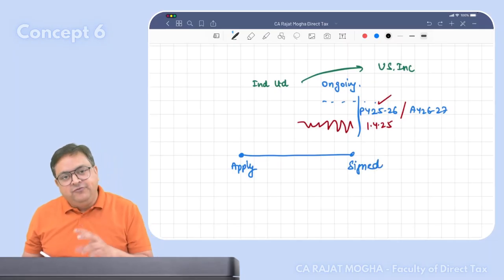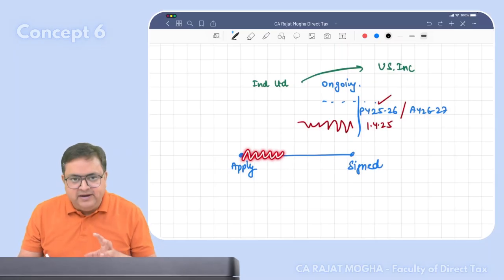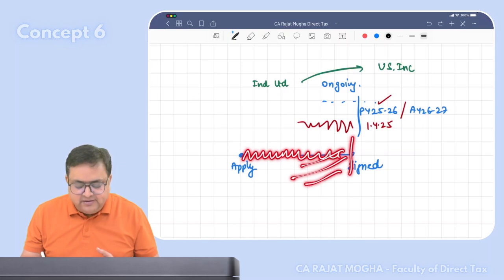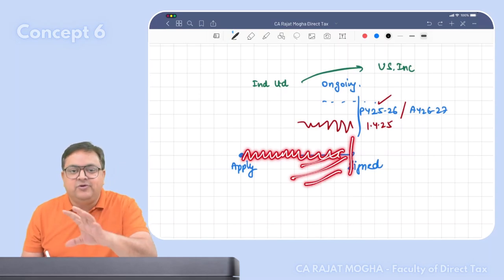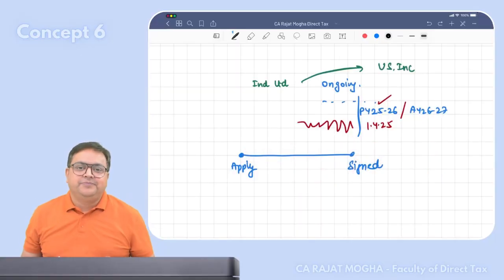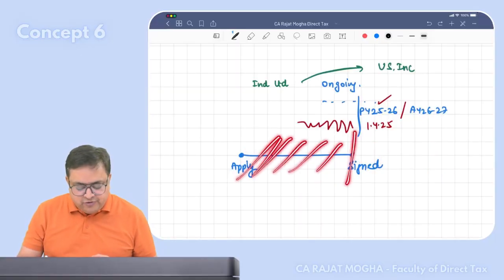Now I want to withdraw. So guys, if you would like to withdraw, please withdraw before it is signed. Before signed means before the APA is entered into. Once the APA is entered into, you can't withdraw. Then it will become binding. So before it is signed, you can withdraw your application.